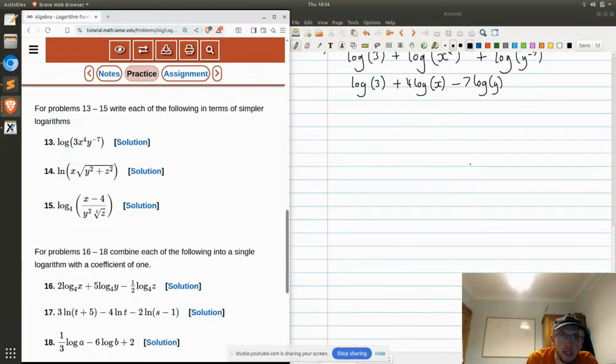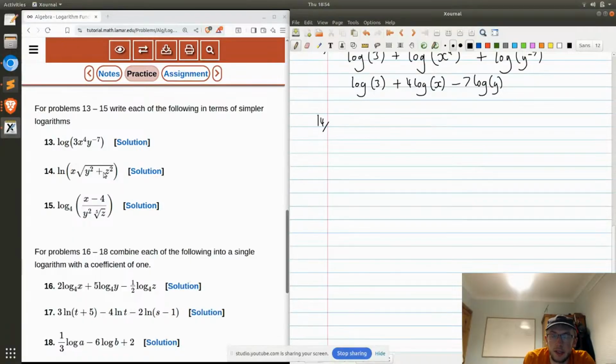Great. Next up, ln of x times the square root of y squared at z squared. Okay. First, pretty confident that it's ln of x plus this.